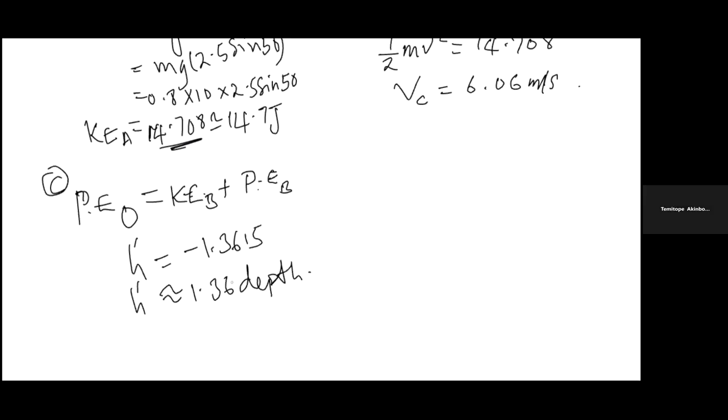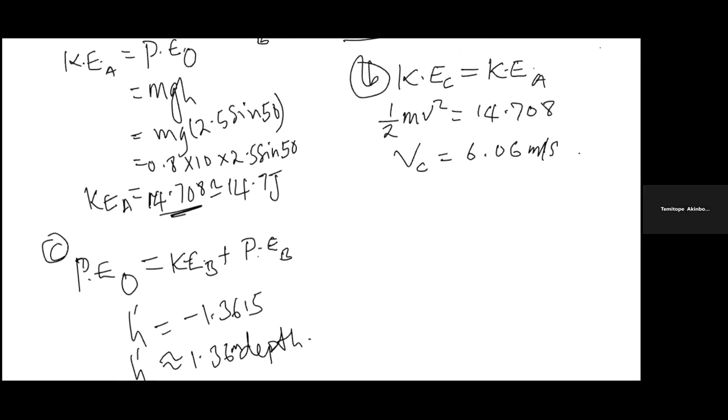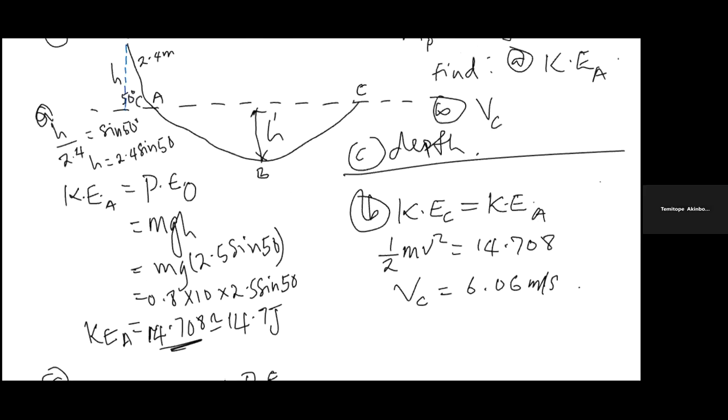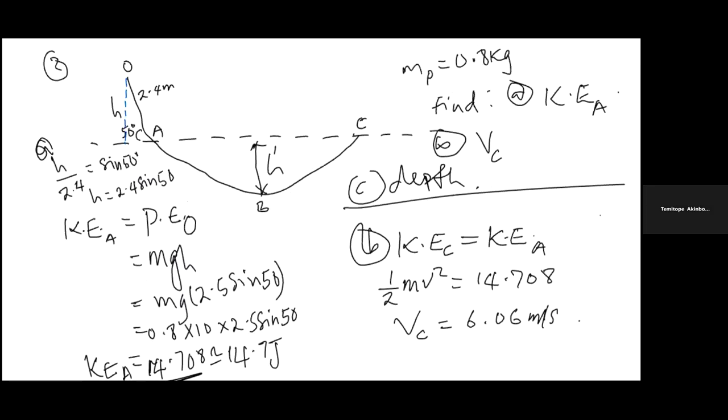But sir, instead of potential energy at O, I said kinetic energy at A. Yes, it's the same thing from question A. That's what we have done in question A. We said kinetic energy at A equals potential energy at O. So you are right. It's the same value.